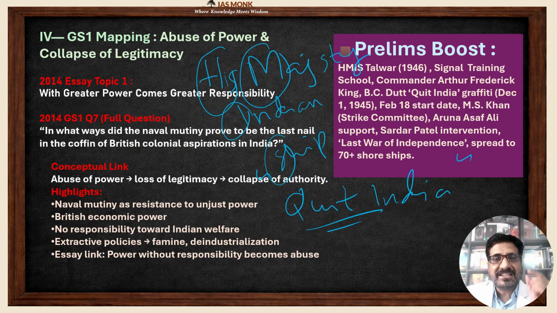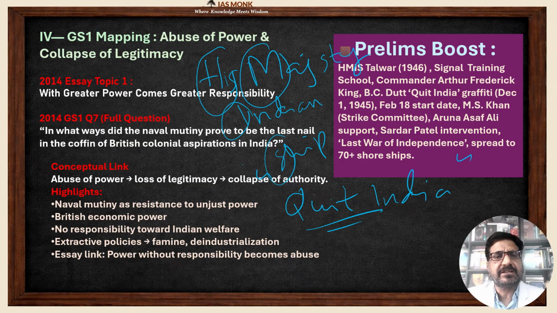That was the triggering point for this mutiny. When the mutiny finally erupted on 18th February 1946, it spread rapidly to over 70 ships and shore establishments. Remarkably, this mutiny had no single leader. It spread spontaneously.